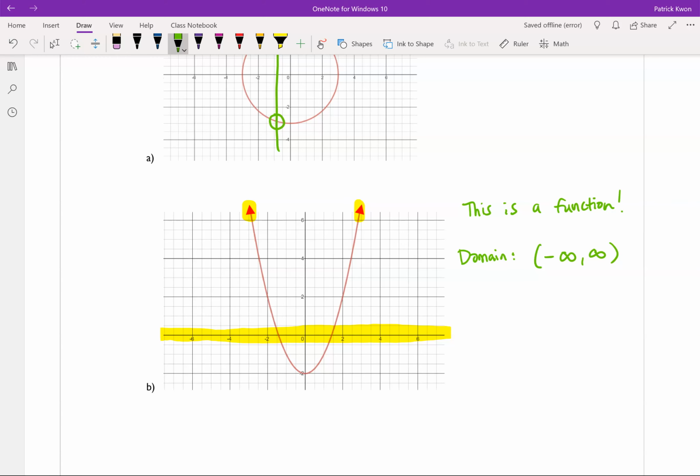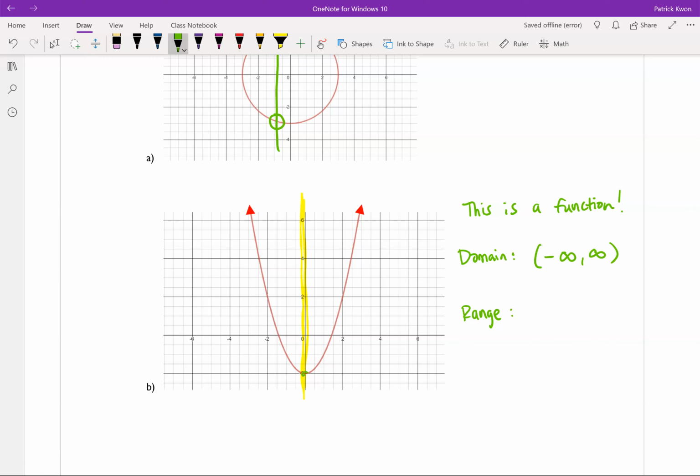Okay, so that's in interval notation. And then if we're talking about the range, then that's going to be the y values. So let me highlight the y-axis. Notice that the graph doesn't go below a certain point. So unlike the domain, our range is not going to be everything.